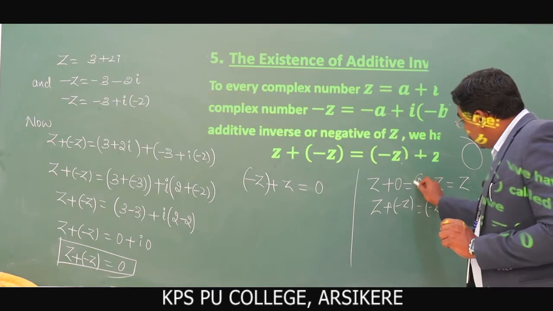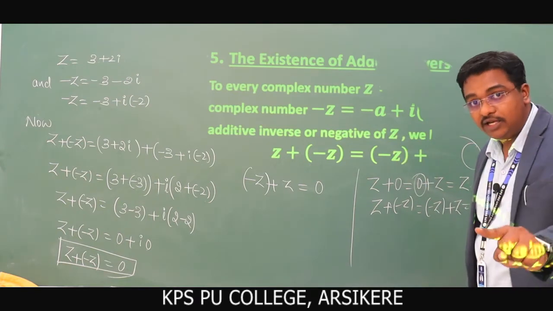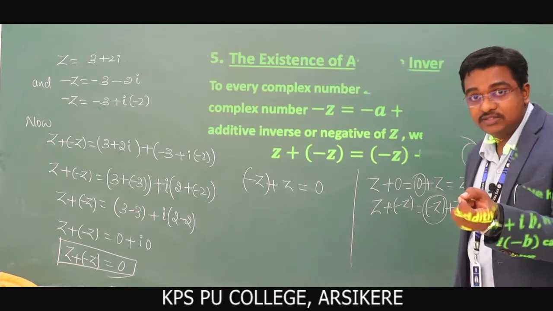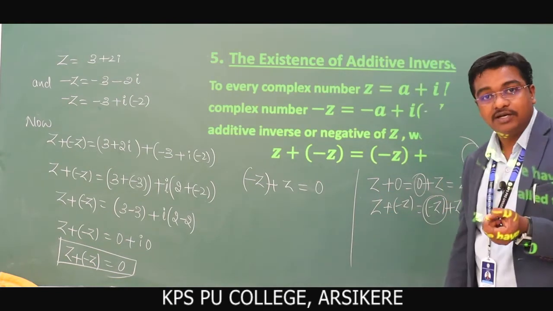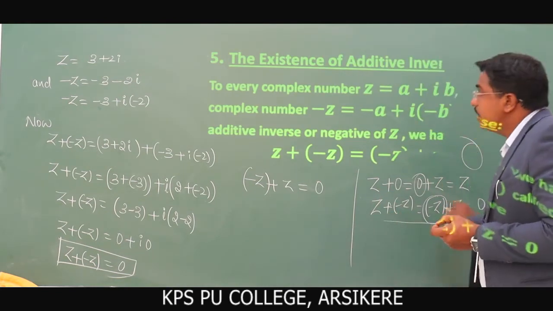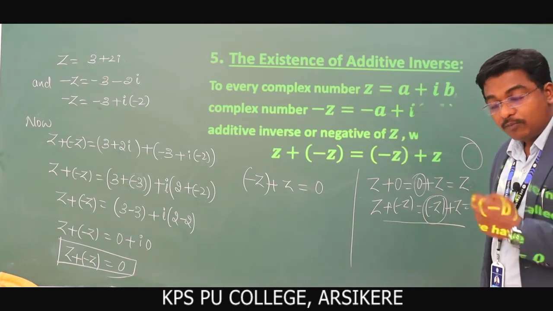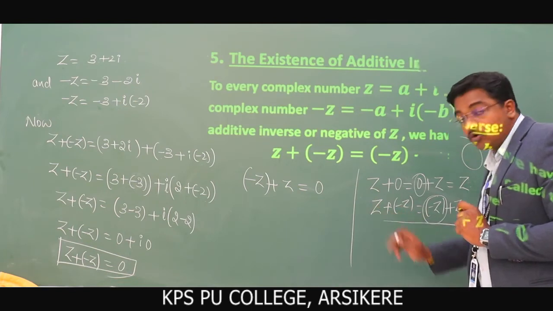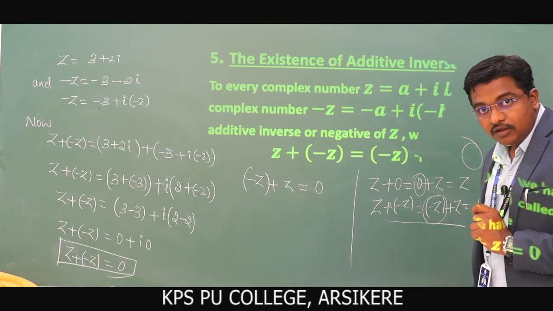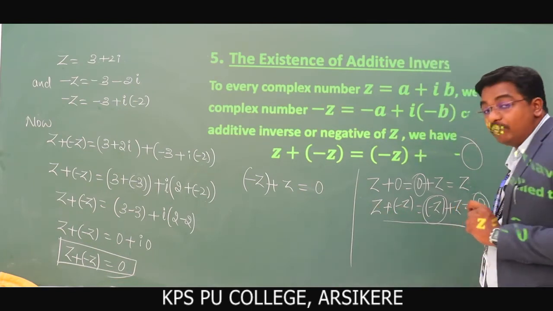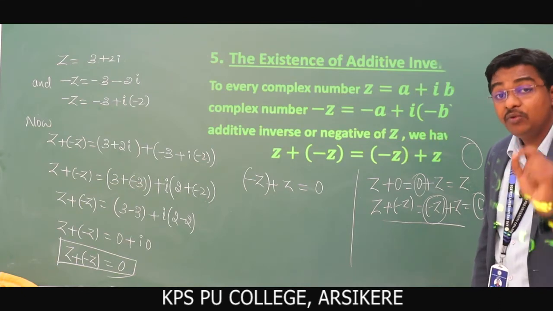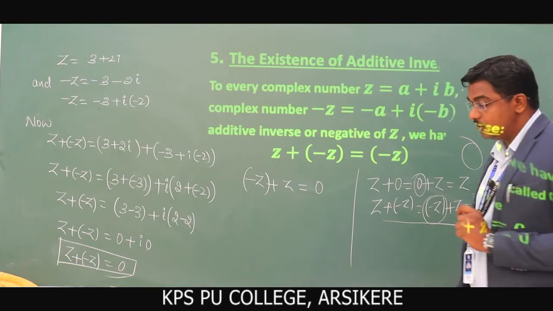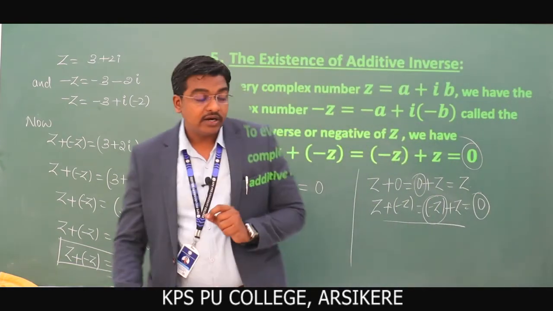Therefore 0 is called the additive identity and -z is called the additive inverse of the complex number z. Just observe the inverse property: if I add the additive inverse to the complex number, we are left with 0, which is nothing but the additive identity. This is property number 5. So take a pause and note down all the things I have written here.